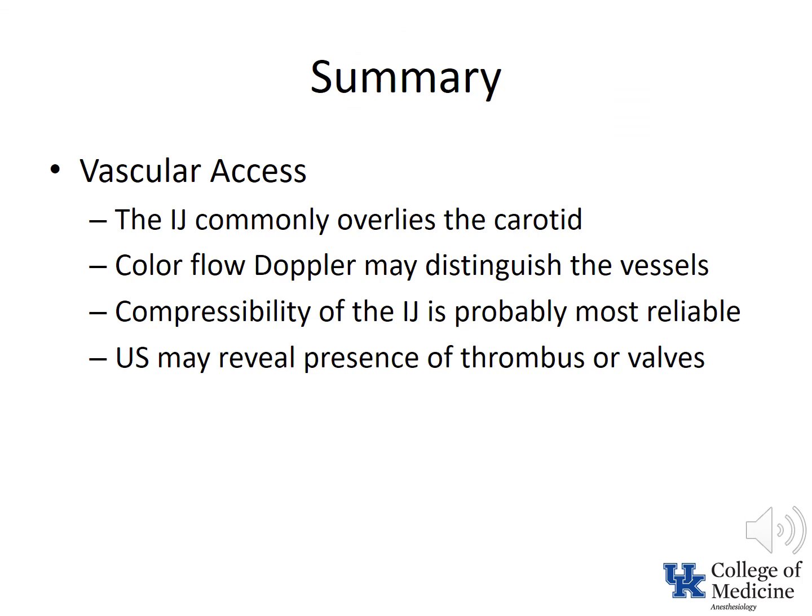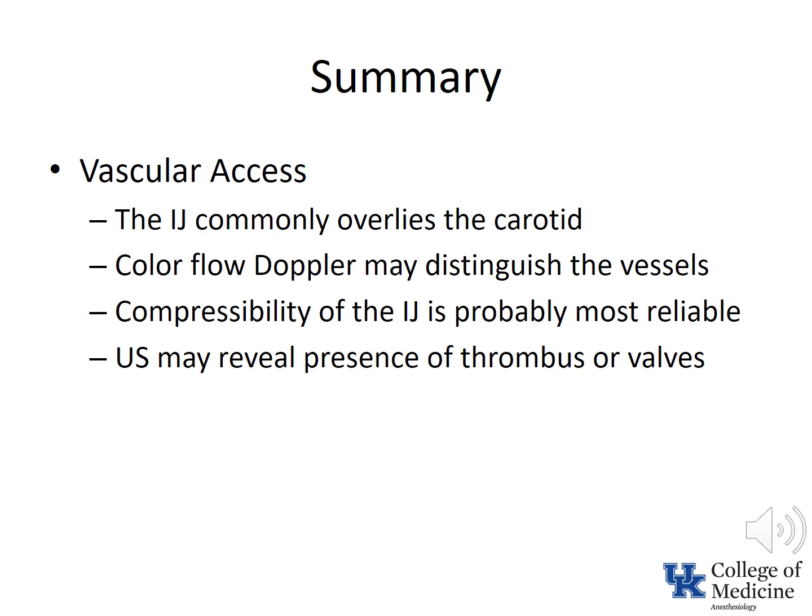To summarize, ultrasound is used to facilitate cannulation of the internal jugular vein. The IJ commonly overlies the carotid artery. Although color flow Doppler is sometimes recommended to distinguish the carotid from the IJ, the angle of insonation and the color map will impact the colors displayed. Since the jugular vein may have venous pulsations, relying on the absence of pulsations to distinguish the IJ is not reliable.